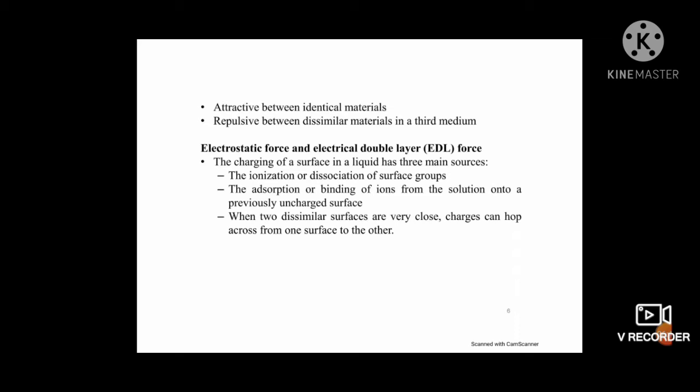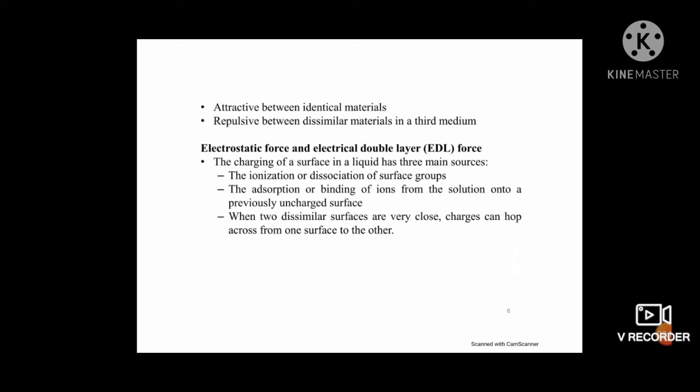Now we study electrostatic forces and electrical double layer forces. On the surface of a liquid, the charge is present due to three basic reasons. First is the ionization or dissociation of the surface groups into ions. Secondly is the adsorption or binding of the ions in the solution to the uncharged surface.